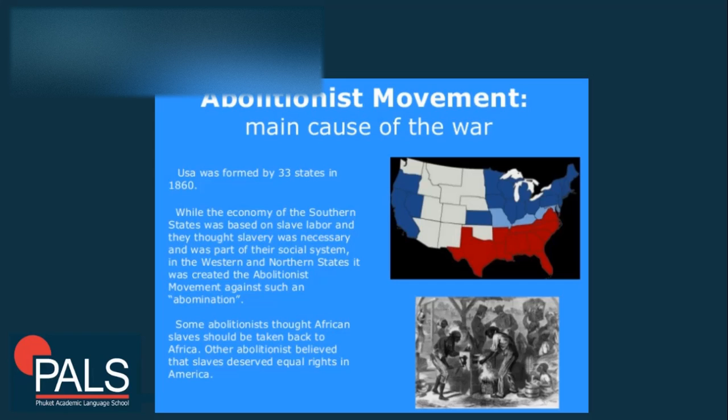While the economy of the southern states was based on slave labor and they thought slavery was necessary and was part of their social system, in the western or northern states it was created the abolitionist movement against such an abomination. Some abolitionists thought African slaves should be taken back to Africa. Other abolitionists believed that slaves deserve equal rights in America.